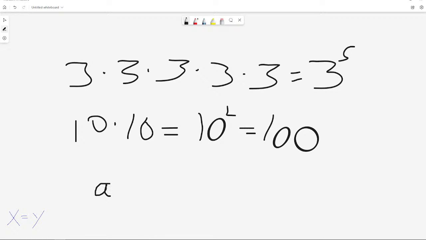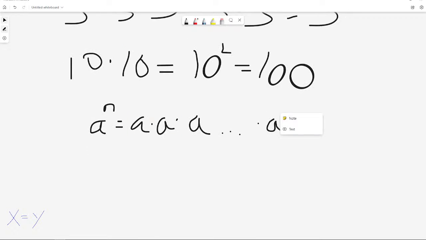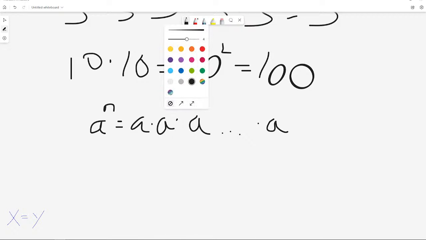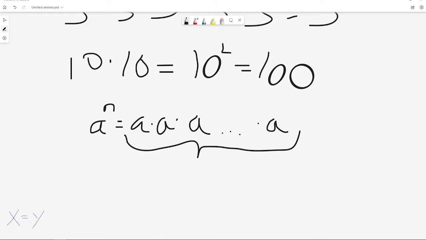So a little formula for this: a to the n is going to equal a times a times dot dot dot times a, n factors.